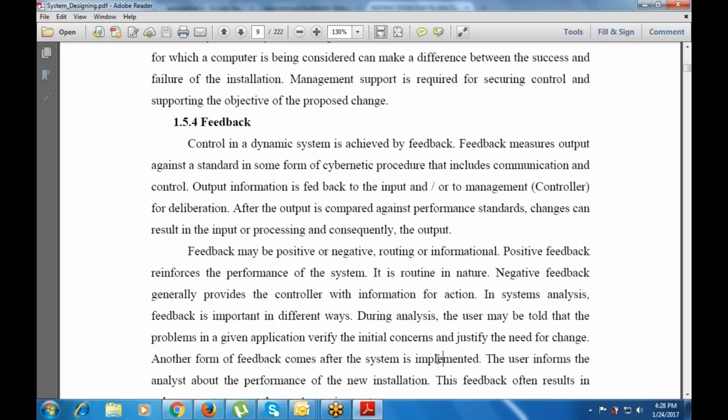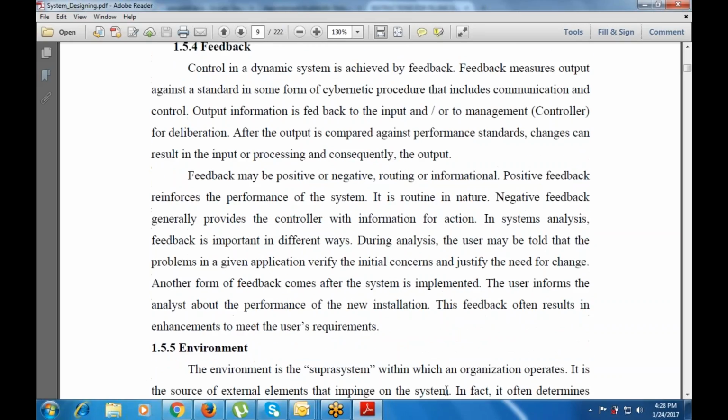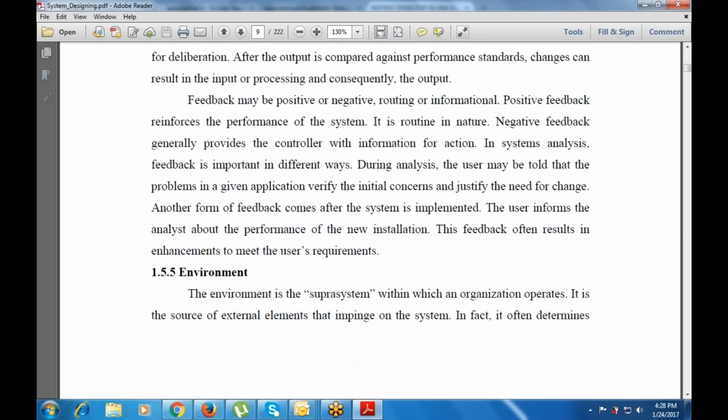Another form of feedback comes after the system is implemented and used, and the user informs the analyst about the performance of the new installation. This feedback often results in an enhancement to meet the user's requirements.